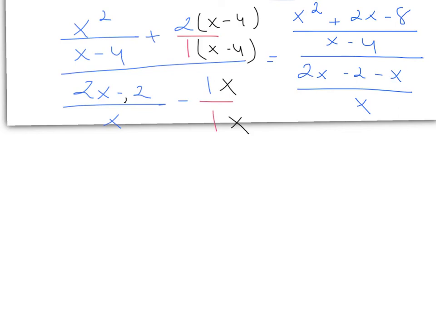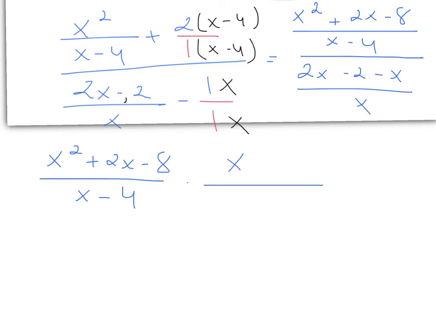It's going to be x squared plus 2x minus 8 over x minus 4, so we'll multiply by the reciprocal of this. Now here we have 2x minus x, so it will be x. And we have negative 2 right here. And we're going to work on this expression here.